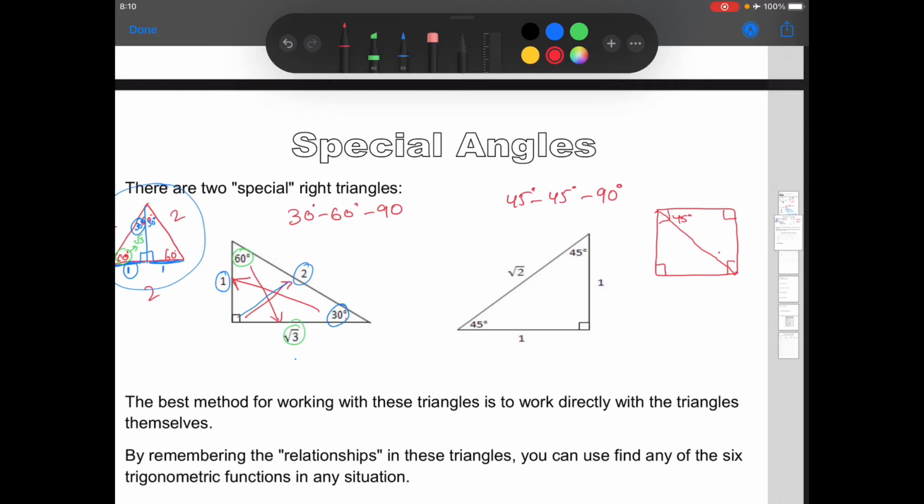So this would be 45 and this would be 45, in a square with side length 1. If I did my Pythagorean theorem, I'll end up with my diagonal being √2. And look at this, it's the same thing: across from 45 you have lengths 1, and your hypotenuse is √2.